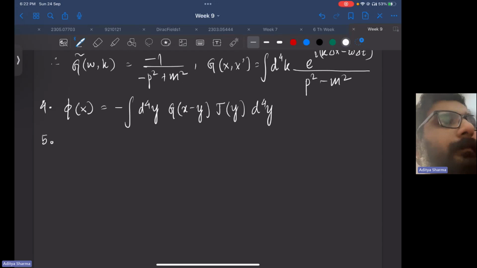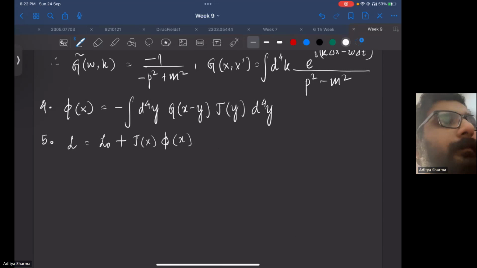So the idea is to write a new Lagrangian, which has got your old Lagrangian, I discussed this in the last class also, plus some source term coupled to your field itself.